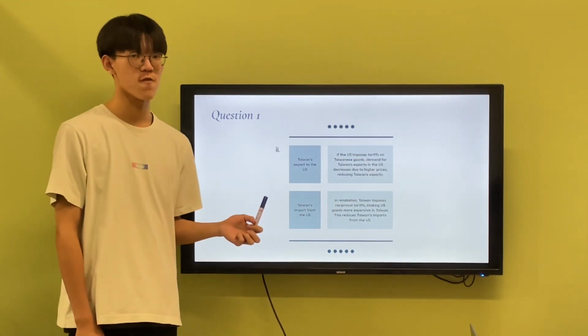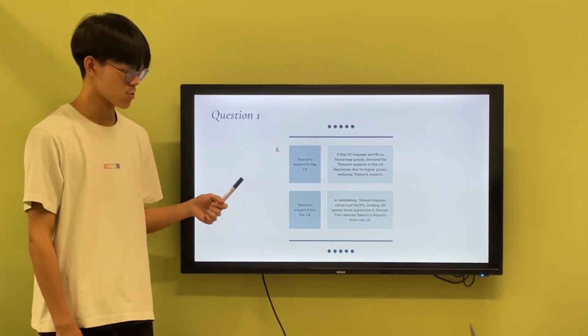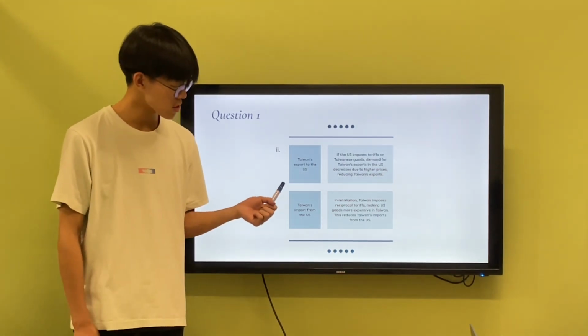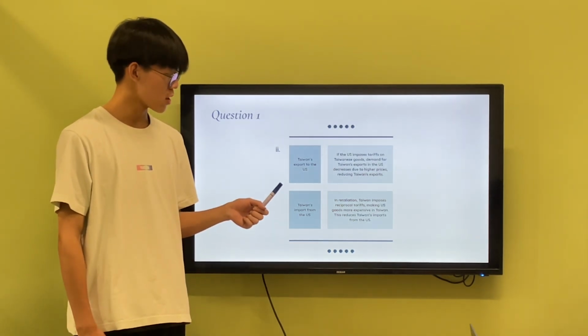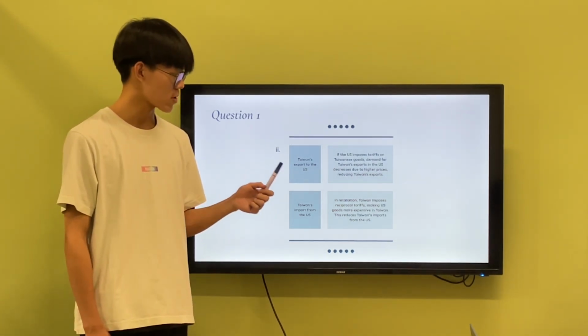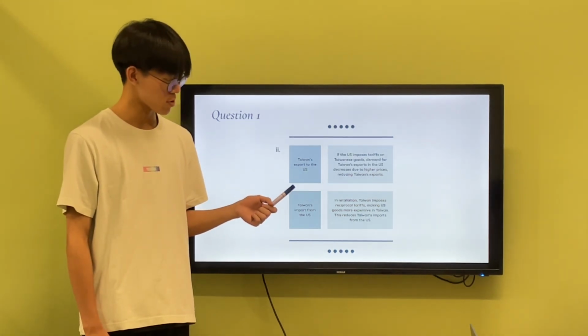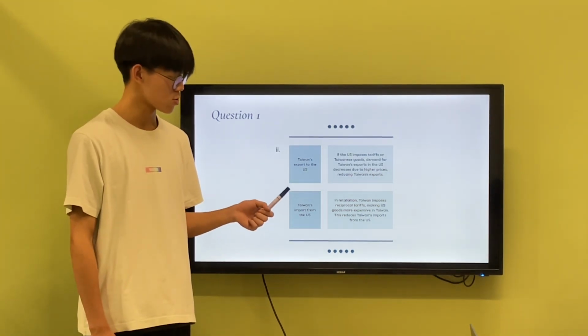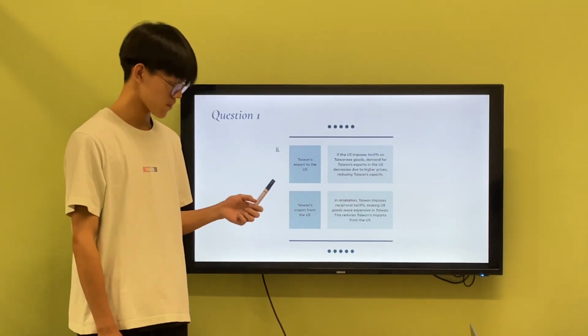The second part of the question is about how a reciprocal tariff affects Taiwan's exports to the U.S. If the U.S. imposes tariffs on Taiwanese goods, demand for Taiwan's exports in the U.S. decreases due to higher prices, reducing Taiwanese exports.